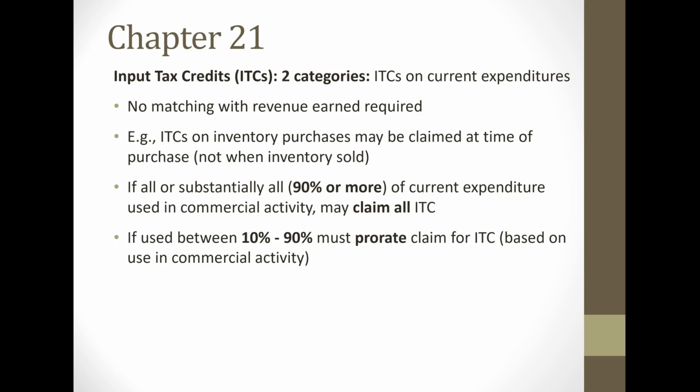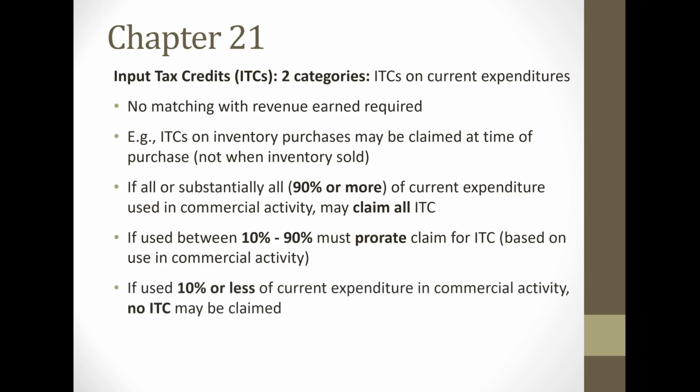They can only claim 50% of that input tax credit. Now, if they fall at 10% or less of use in a commercial activity, then they cannot claim any of that input tax credit on this current expenditure. So that's how the rules work for current expenditures.